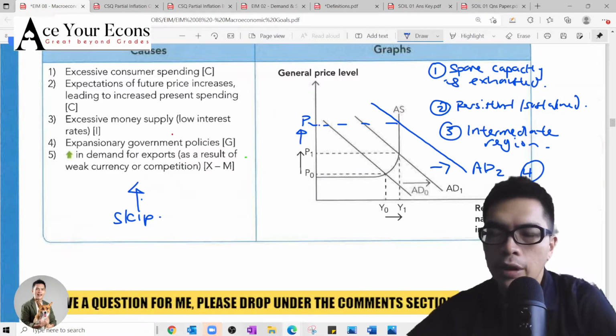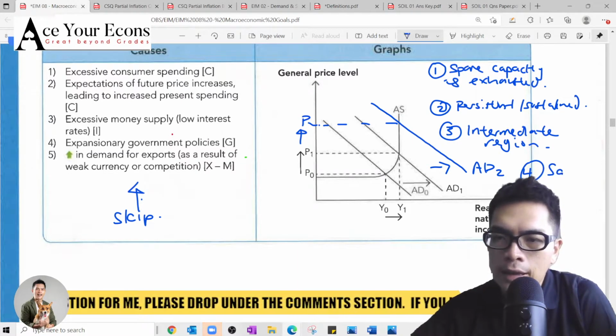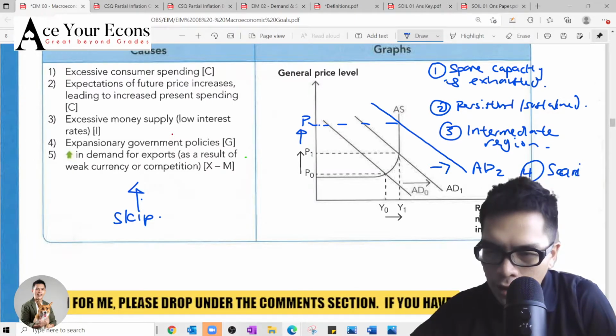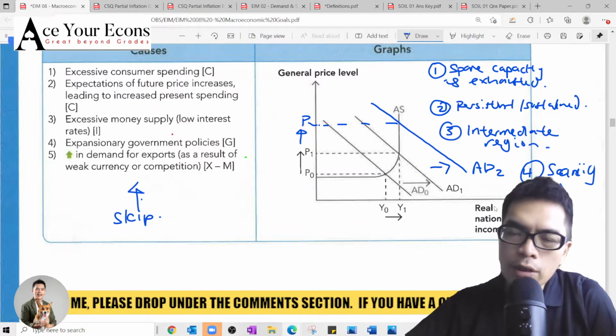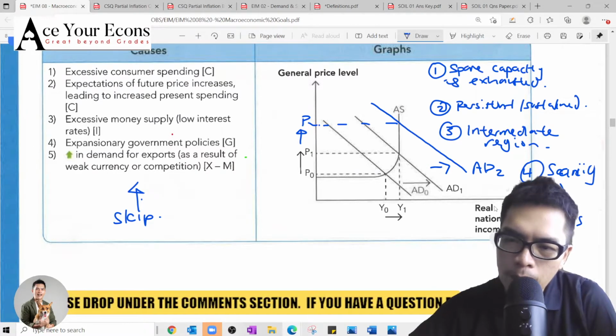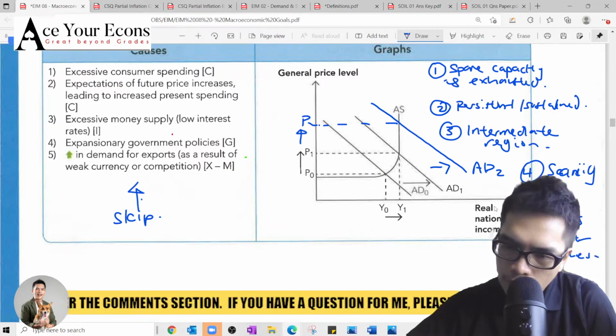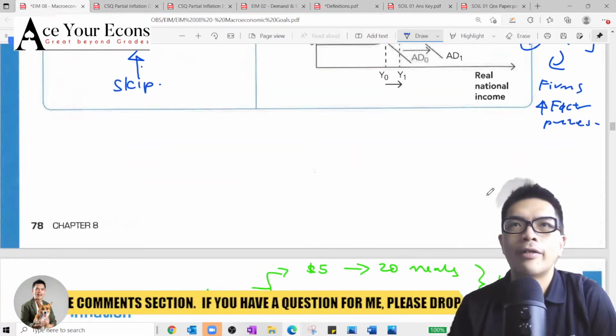More scarce, right? So we have to illustrate that because of scarcity in resources, this will lead to firms bidding up factor prices. I'm so sorry about my handwriting.